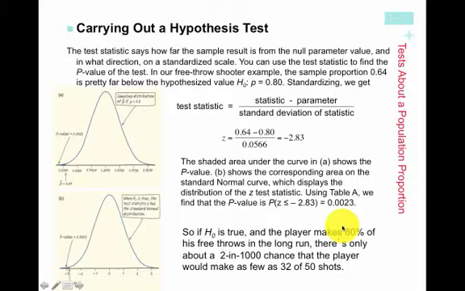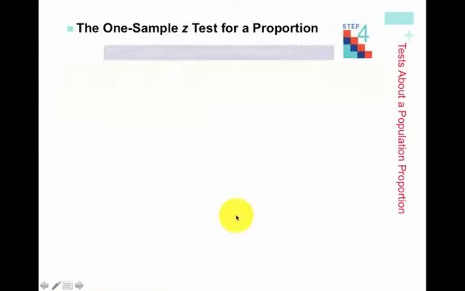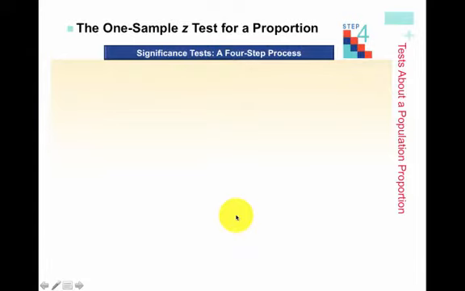And if the null hypothesis is true, and the player does make 80% of his free throws in the long run, there's only about a 2 in 1,000 chance that our player would make as few as 32 out of 50 shots. And we probably should be rejecting the null hypothesis here. But let's formalize this a little bit more. We're going to take this to our familiar four-step process.